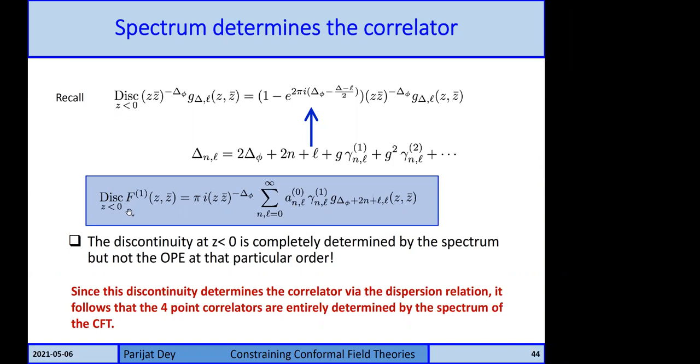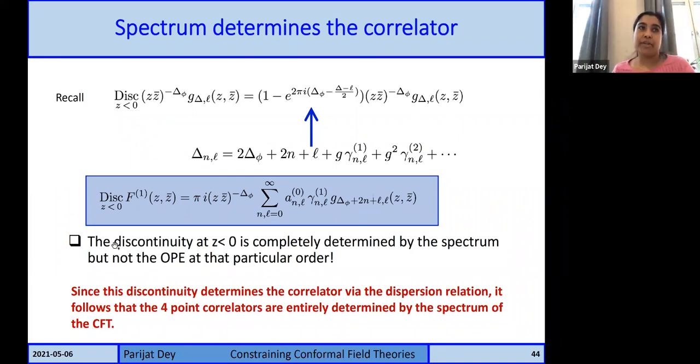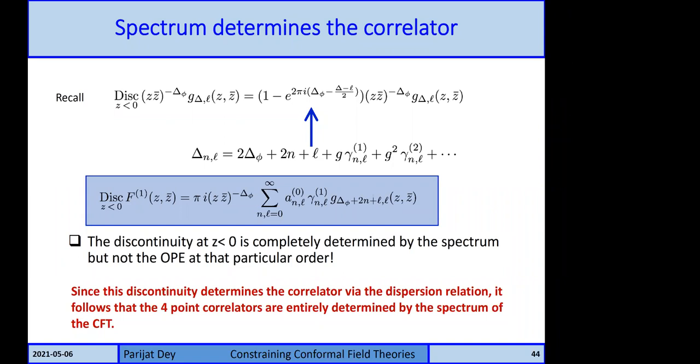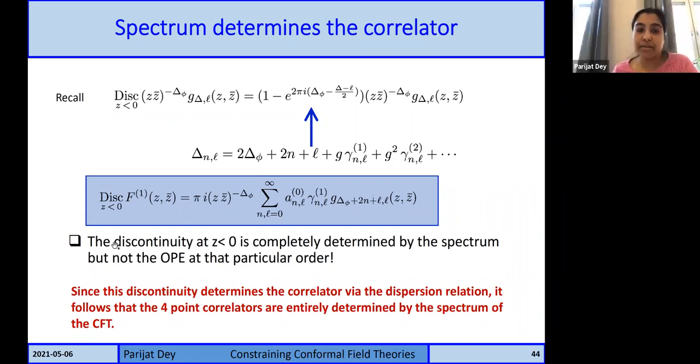So, Parijat, one way of putting this is as follows. Suppose you know a specific CFT and you do a small perturbation away from that, a marginal perturbation. Then the change in the spectrum determines the change in the 3-point function, the OPE coefficients. That's a statement. Yes. Because the 4-point correlator and the CFT data contain the same amount of information, but what you said is only true order by order in perturbation theory.